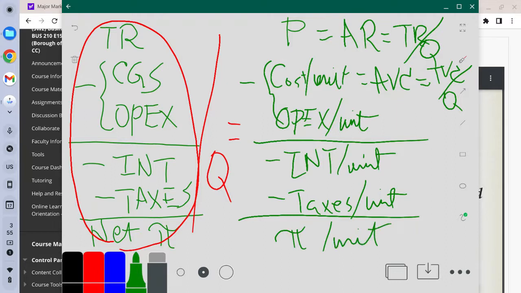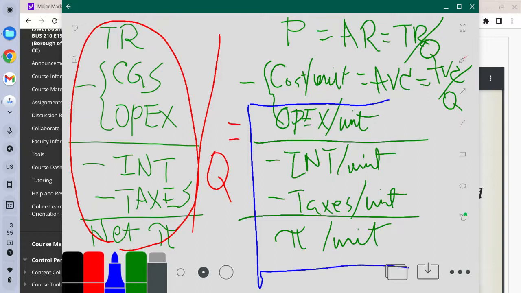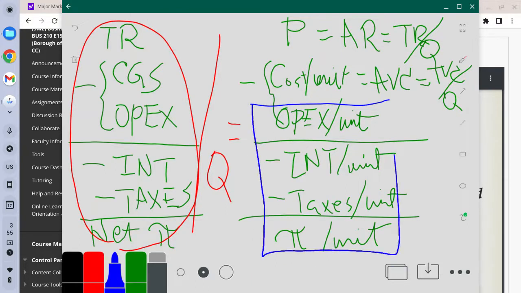Makes sense? And all of this in the blue box is called markup. But then the markup breaks down into overhead and profit.